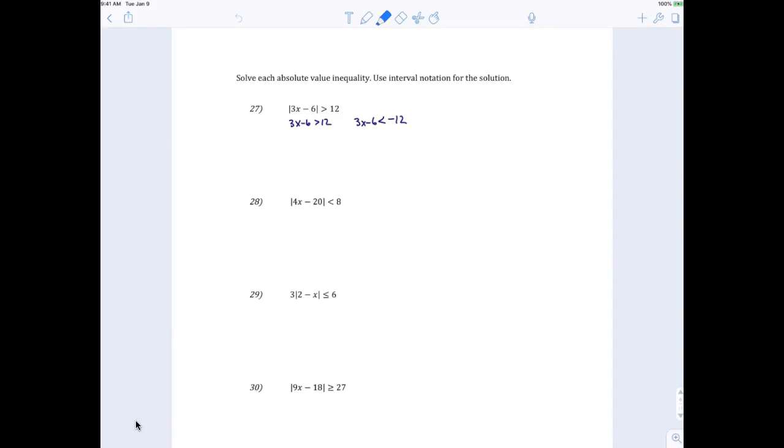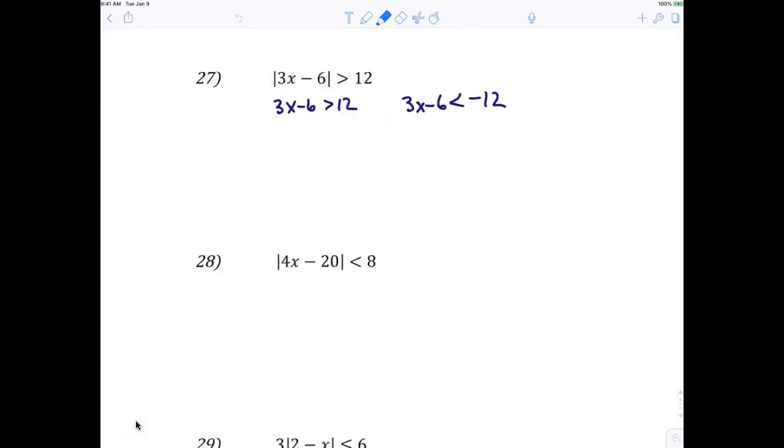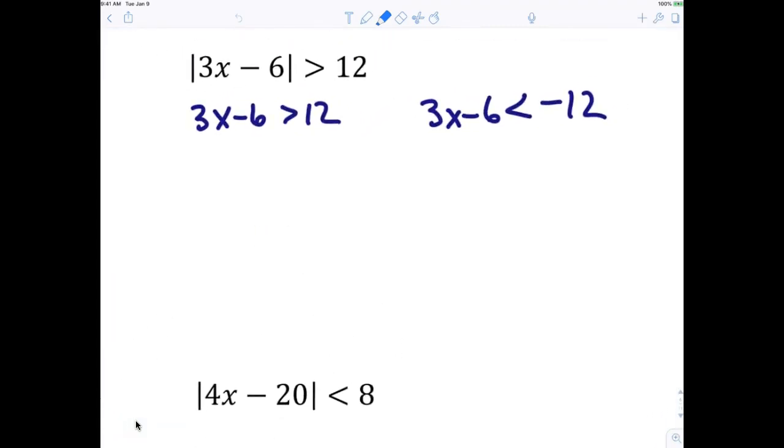Now, finishing question number 27. Solving this out. We have 3x is greater than 18, so x is greater than 6. Over here, 3x is less than negative 6, so x is less than negative 2.